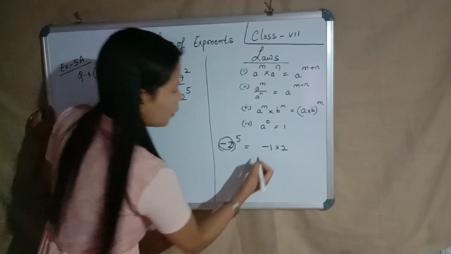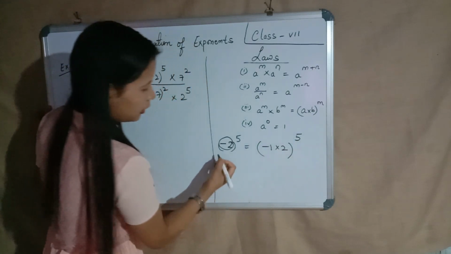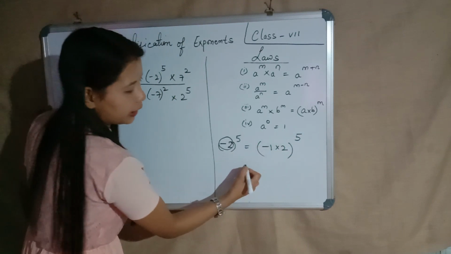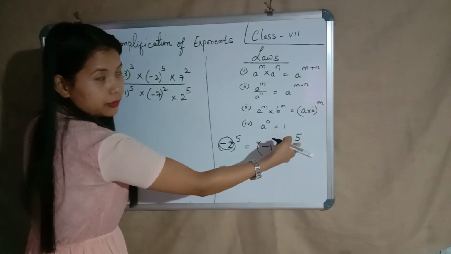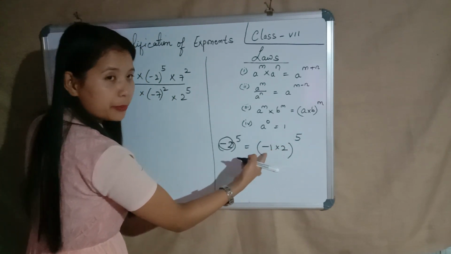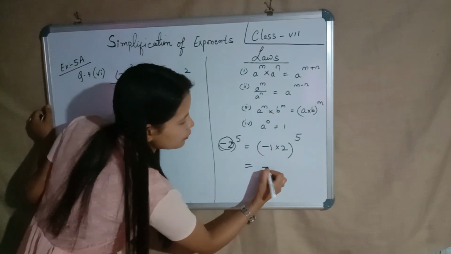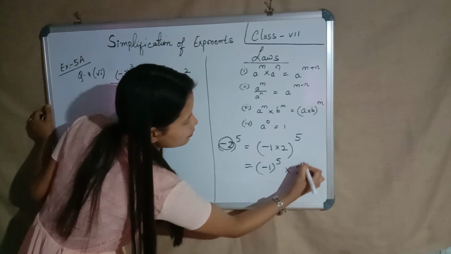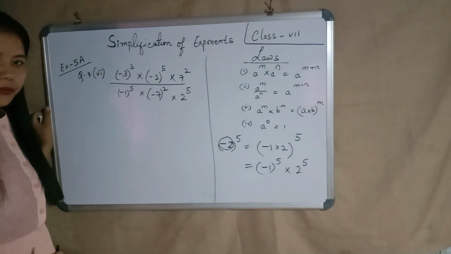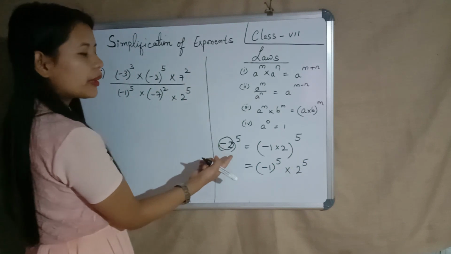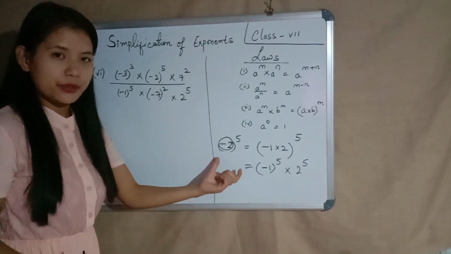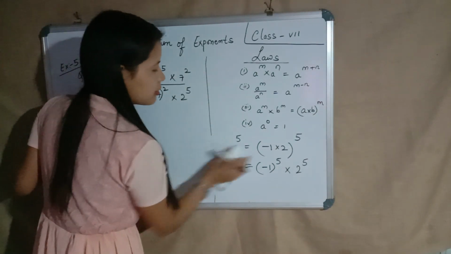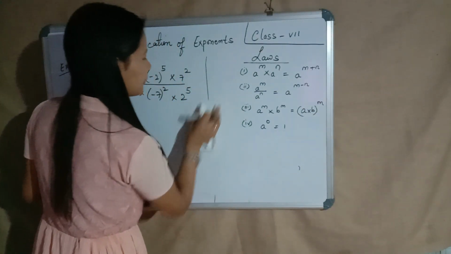The power 5 is with both the numbers, so when we separate this, we can write it as minus 1 to the power 5 into 2 to the power 5. This is how we can separate the numbers. In the same way, I'll be separating the numbers here. This is a new concept, please learn it.